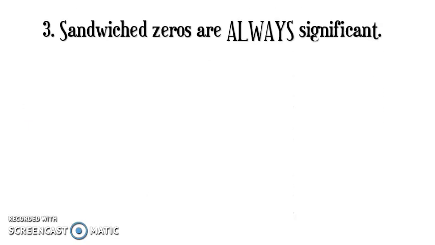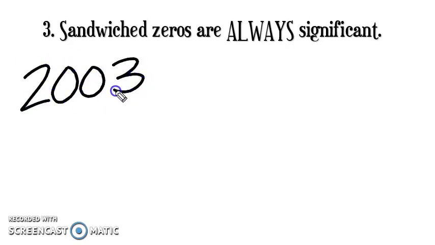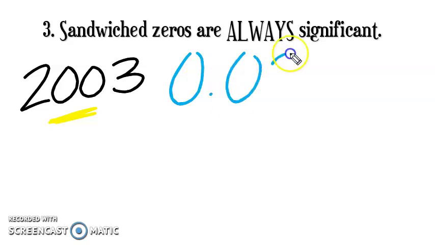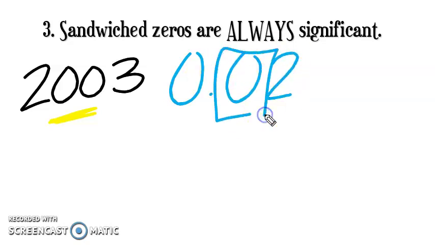So let's look at our next rule. Our next rule says sandwiched zeros are always significant. So what I mean by that is let's say we have 2003. Okay? These zeros are sandwiched between 2 non-zero digits. That's what I mean by sandwiched.